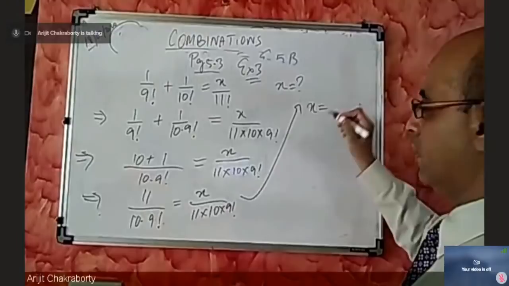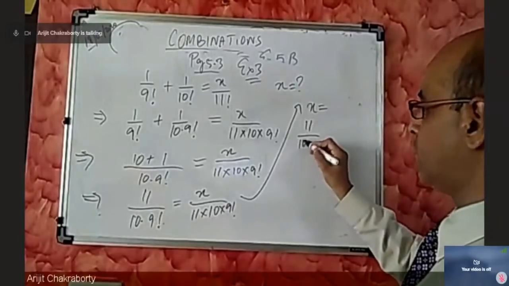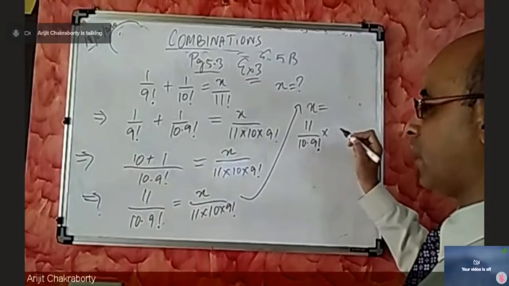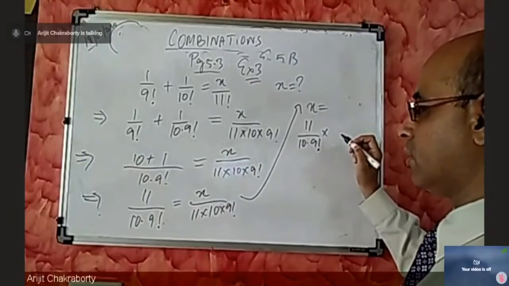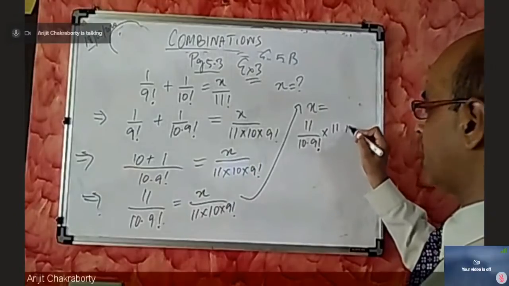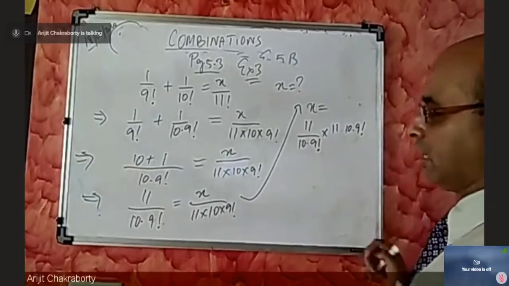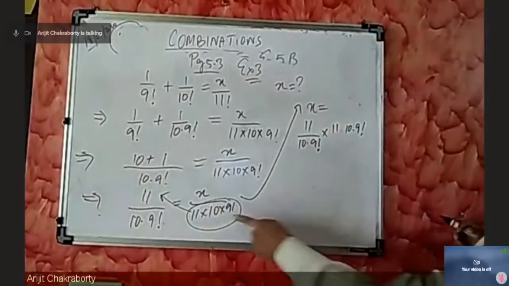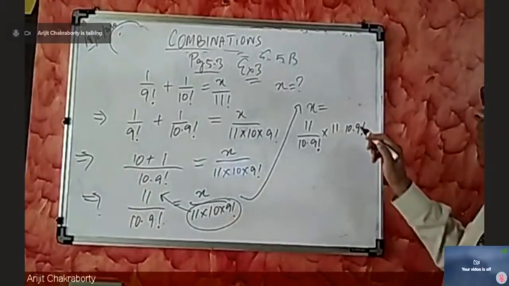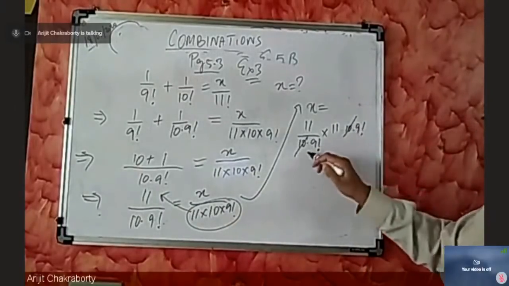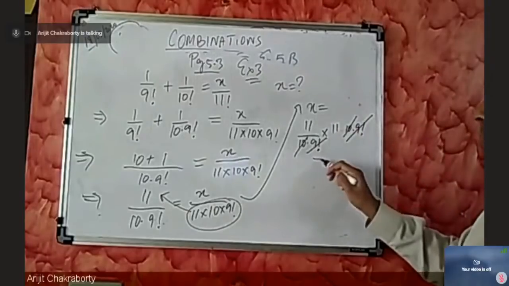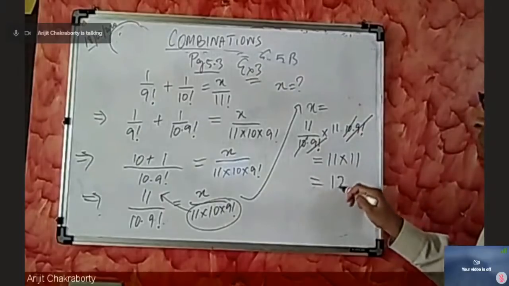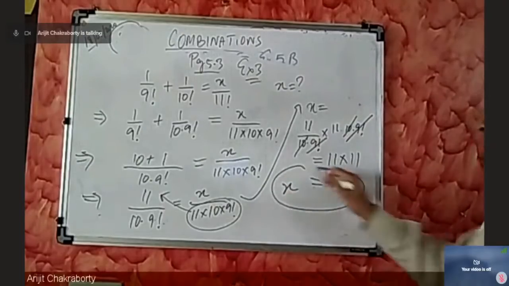So it is 11 by 10 into 9 factorial multiplied by 11 into 10 into 9 factorial. So this expression has come to the numerator, which means 10 cancels with 10, 9 factorial cancels with 9 factorial. We are getting x is equal to 11 into 11. 11 into 11 is 121. So x is equal to 121.